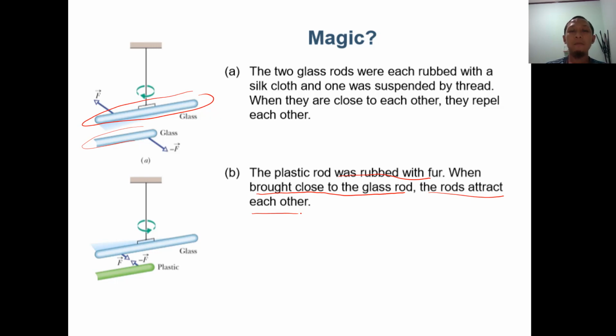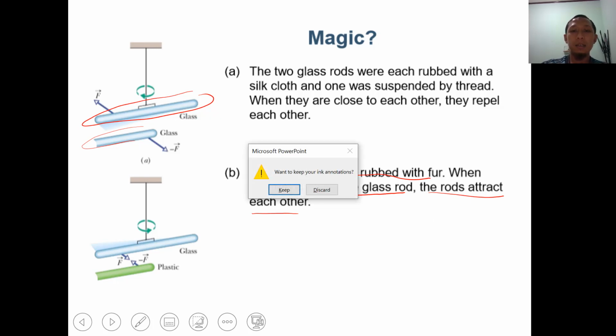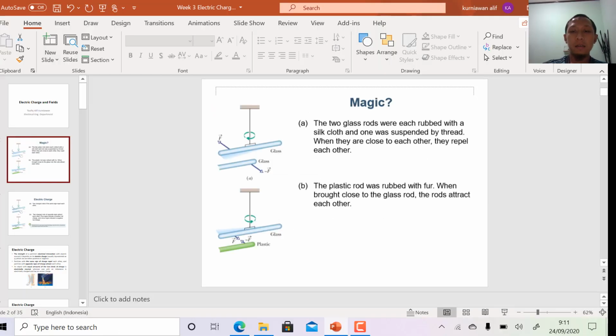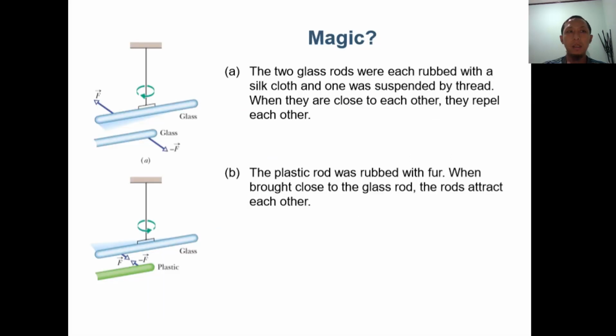But if we have two materials with a different kind of charge, they will attract each other. So the kind of charge will determine whether the materials attract or repel each other.